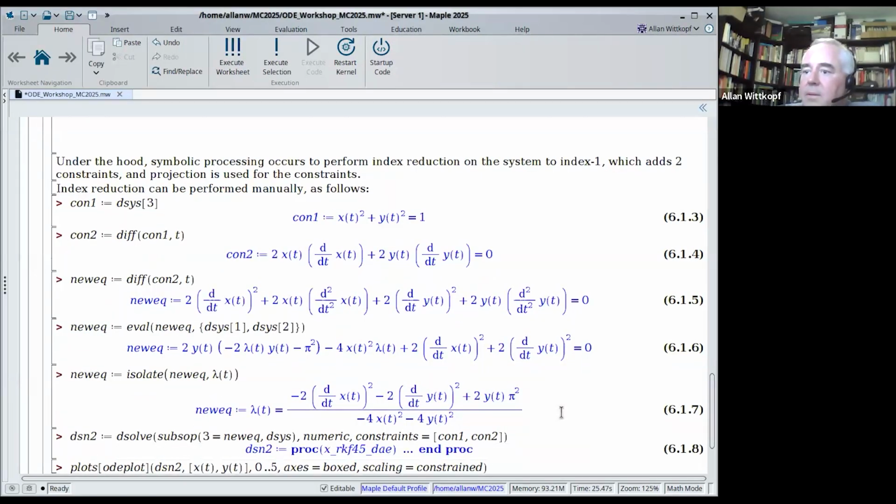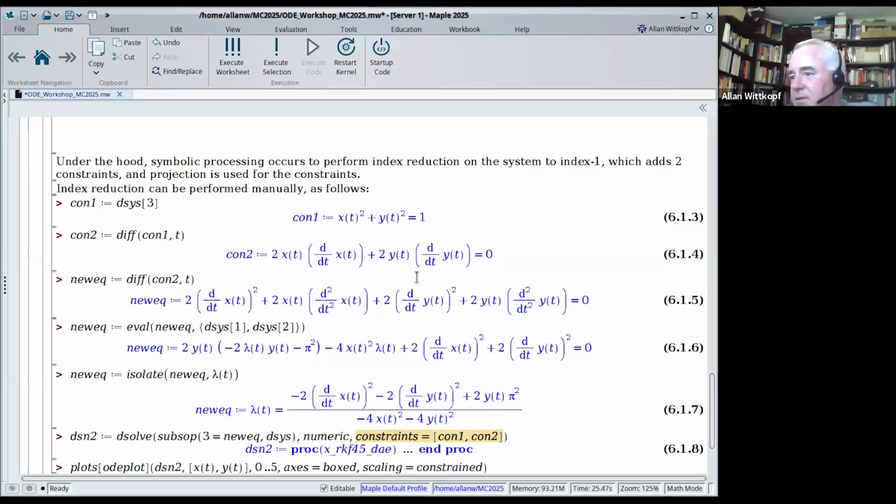So we can actually use this directly. We can replace the third equation, which was our constraint on x and y, with this new equation for lambda, and we can specify the constraints explicitly.